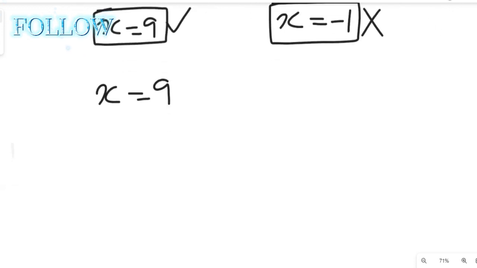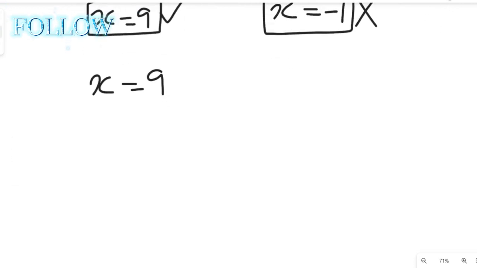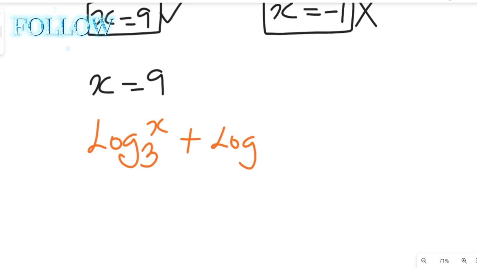Remember, the question we are given initially is we are asked to find log of x base 3. We are asked to add it to log of x minus 8 base 3, and our solution must be equal to 2.